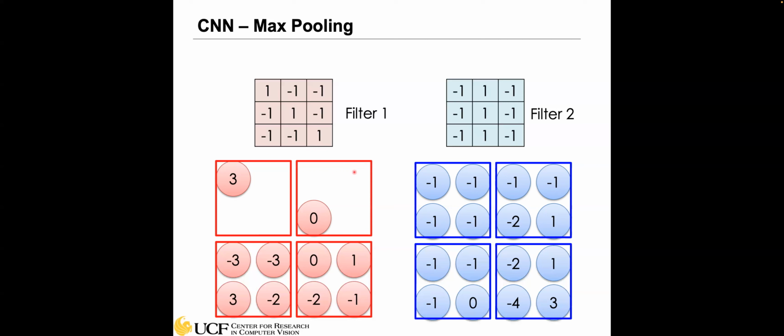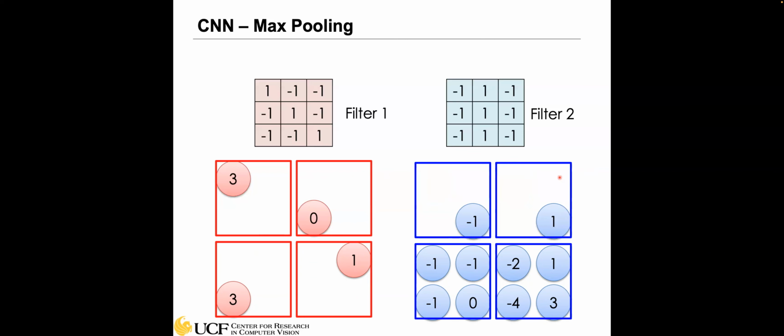Okay, so you can see how this max pooling works. Just take the maximum of this pooling window, and this applies to all the feature maps. This is one, then you do the same for the next feature map. Now you just keep these pooled values, the maximum value for each pooling window.